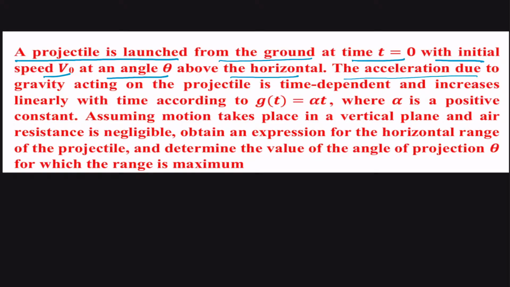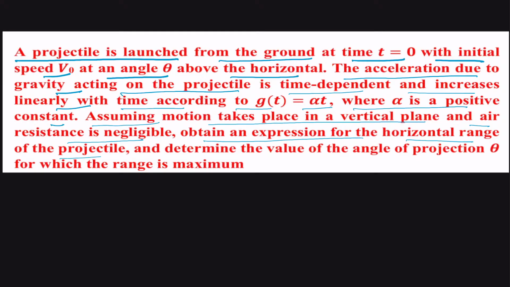The acceleration due to gravity acting on the projectile is time dependent and increases linearly with time according to g(t) equal to alpha t, where alpha is a positive constant. Assuming motion takes place in a vertical plane and air resistance is negligible, obtain the expression for the horizontal range of the projectile and determine the value of the angle of projection theta for which the range is maximum.